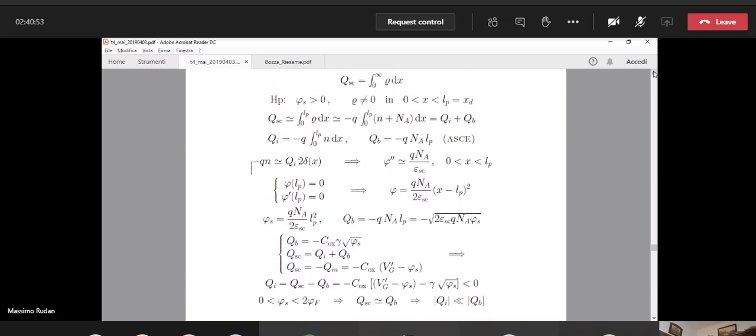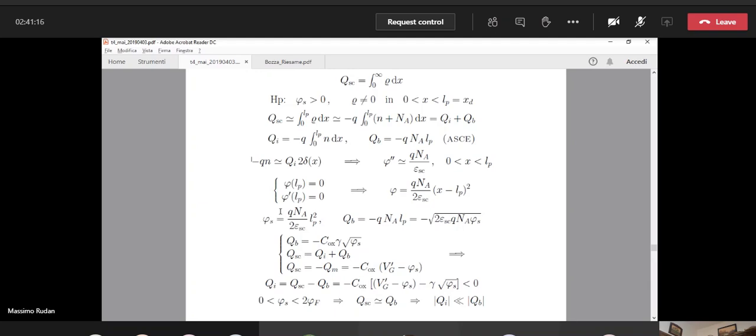Next, we can immediately derive a relation for the surface potential because the surface potential is the value of the electric potential at the point x equal to 0. So when we force x to be 0 in this expression, we obtain phi s.